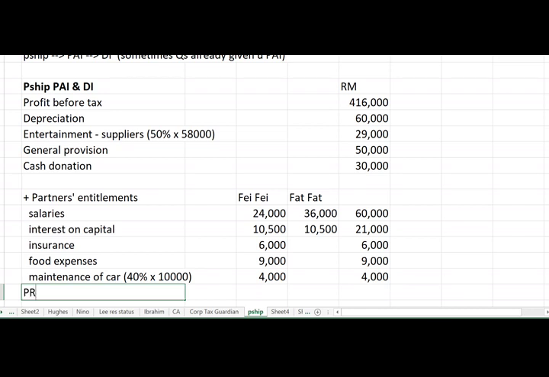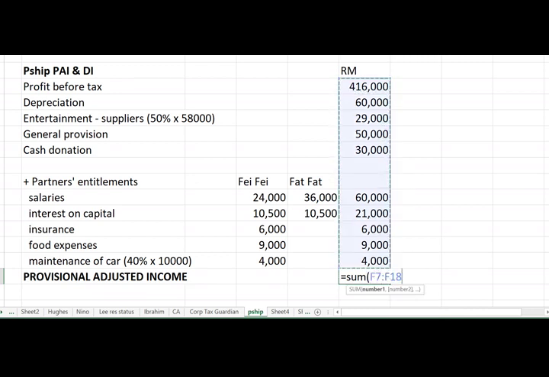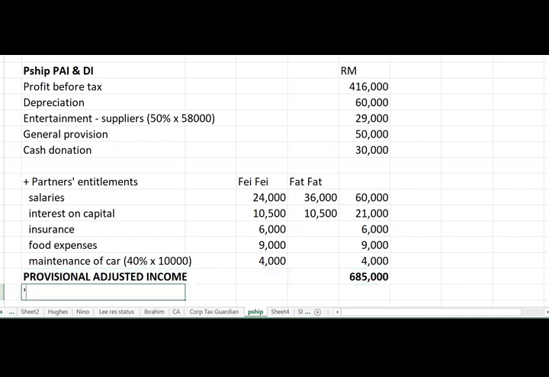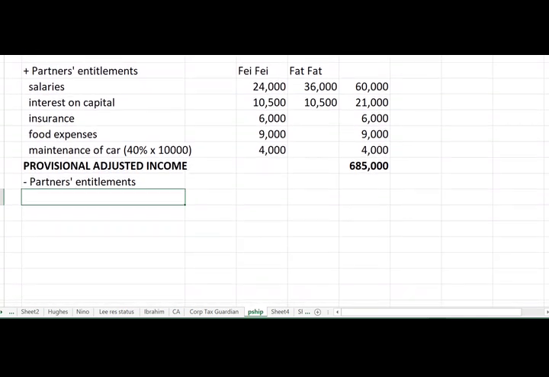And this is your provisional adjusted income. Just pull it all down to get a summation of this figure. Okay guys, then we will minus off the partners' entitlement. Now this is what you're going to do. Just copy back all the things up there.